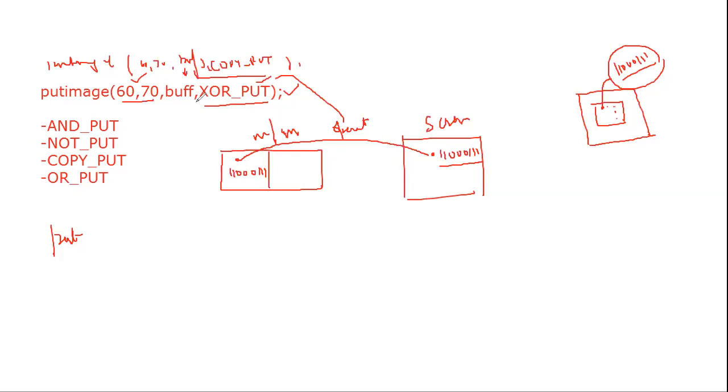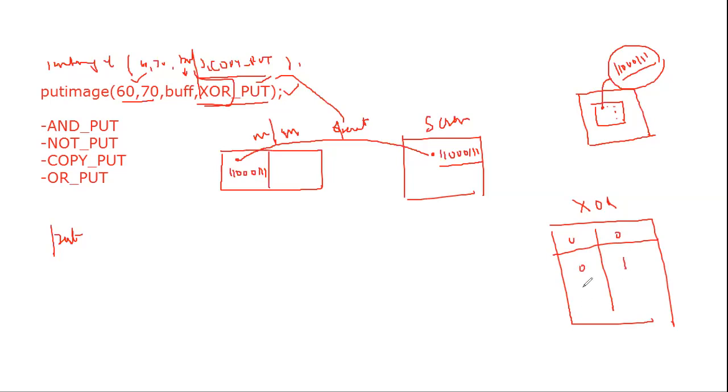Now when we perform the exclusive OR operation, what will happen? XOR की ट्रुथ टेबल क्या होती है? You have, let's say, two inputs: 0 0, 0 1, 1 0, 1 1.